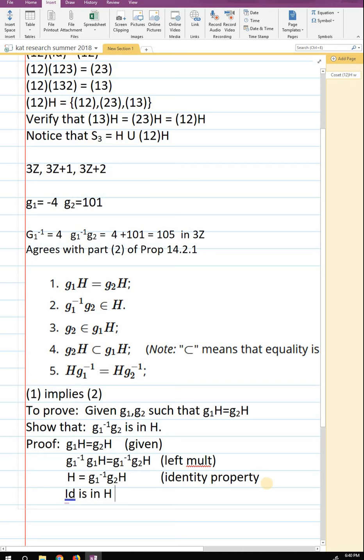The identity is in H, and that says since H is a subgroup. Right?